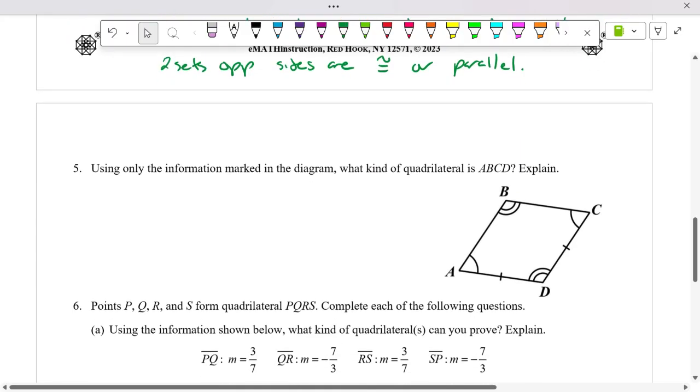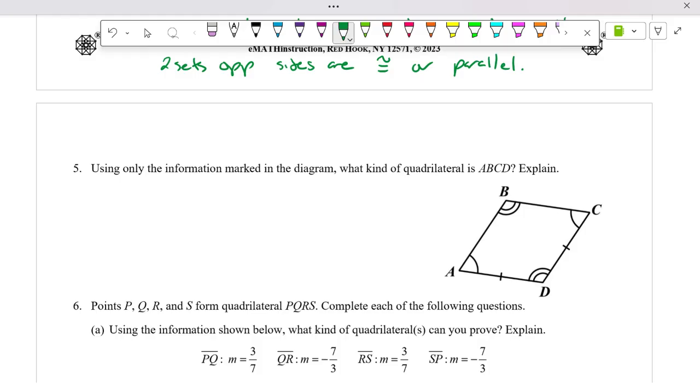Now, with this shape, they drew A, B, C, D for us. They marked 2 angles as congruent. So both sets of opposite angles are congruent, and they marked that the 2 adjacent sides are parallel.